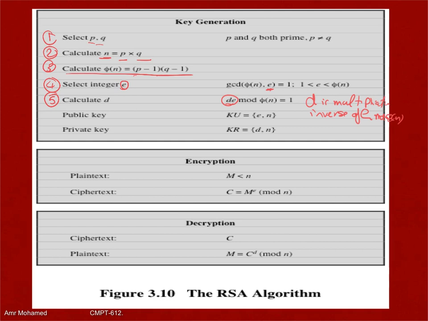You know n of course, but you don't know the totient of n except if you know P and Q. So this way you can calculate the multiplicative inverse of E, which is D. So this is number 6. D becomes the private key, and E becomes the public key. That's it. Okay, so these are the steps.